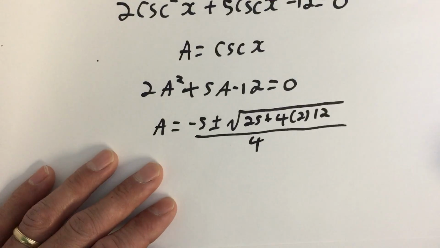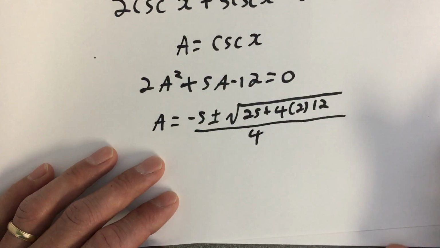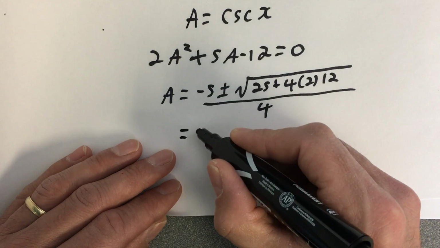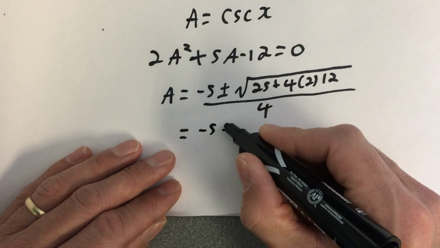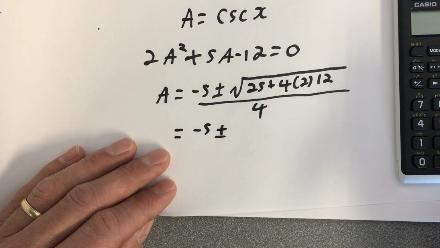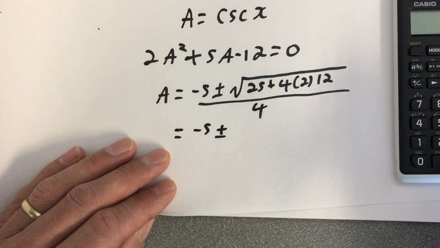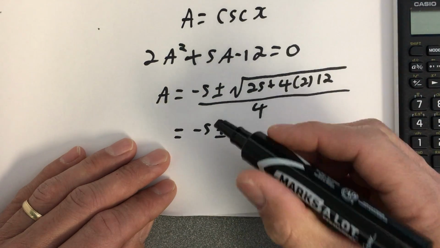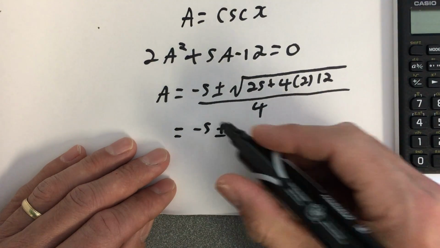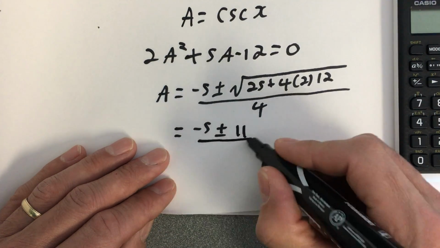Okay, there's a video on the quadratic formula if that went too quick and you want to review how that works. So a is negative 5 plus or minus the square root of 25 plus 8 times 12, which is 121. The square root of 121 is 11. So it's negative 5 plus or minus 11 all over 4.